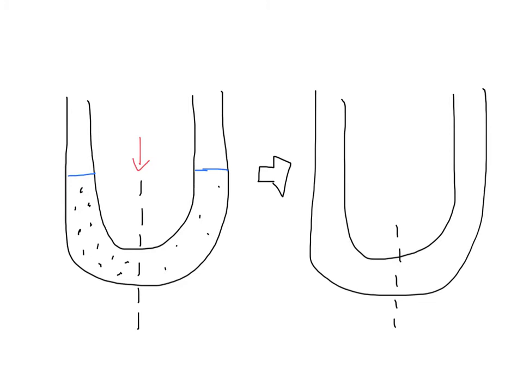What will actually happen is that because there's a higher solute concentration on one side, this side over here is a bit more pure water than the other side. The water will flow through that membrane and try to dilute it out.